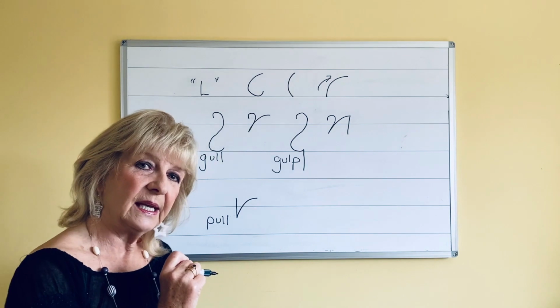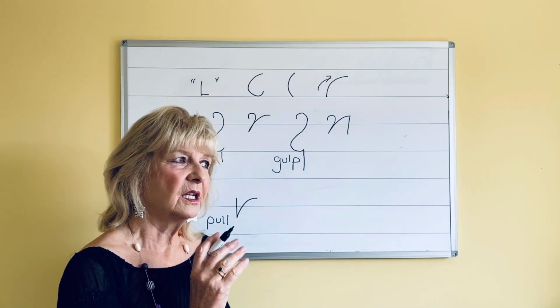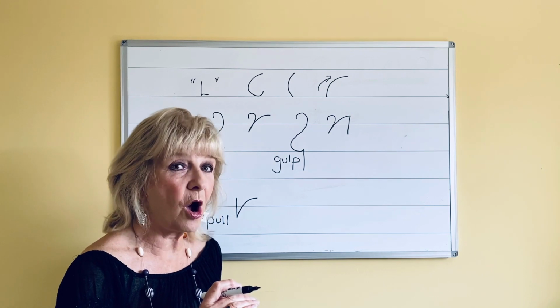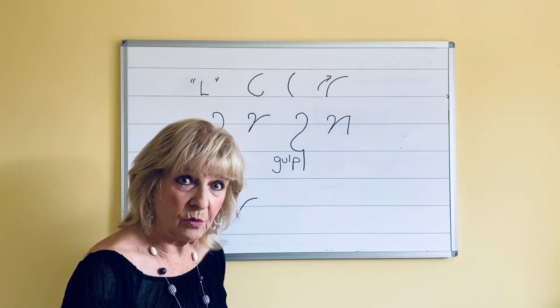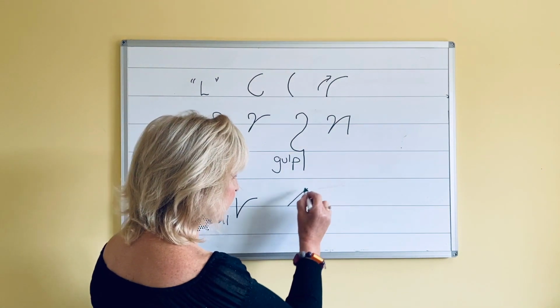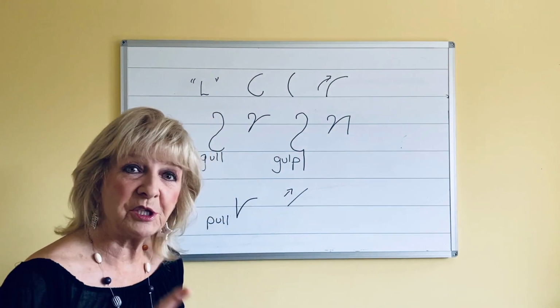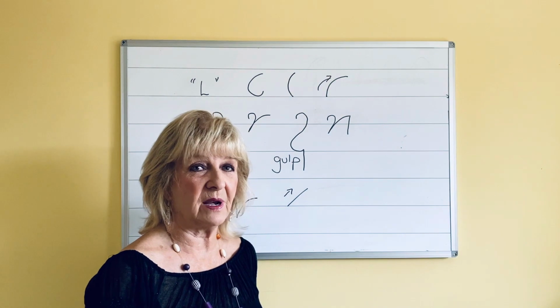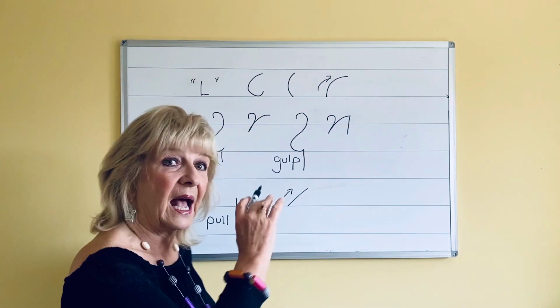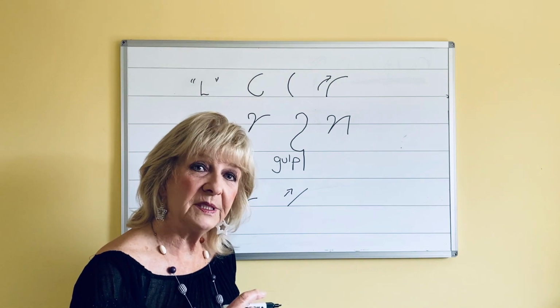Now last week I told you about T's and D's being disjoined after an R. If you remember, the R until now has been the only upstroke. R was unique, it was the only one that was written in an upwards direction, but now we've got 2 strokes that are written in an upwards direction. So the same thing applies as it did to the R when it comes to T's and D's.